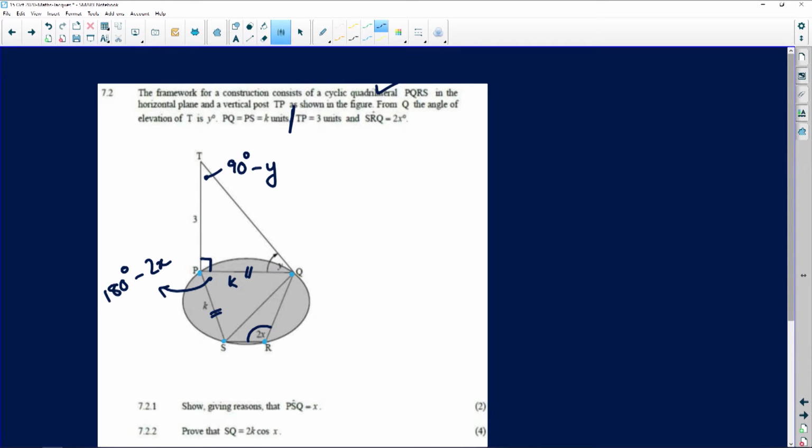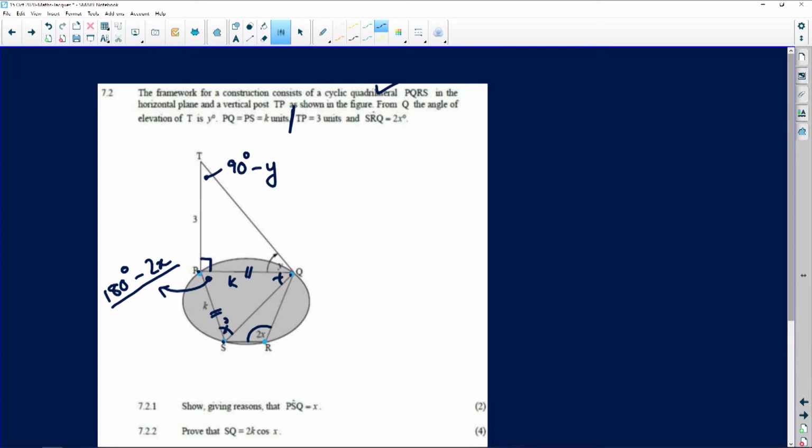We'll go for the rest just now. What can I say here? I have an isosceles triangle PQS. The sum of the angles in a triangle adds up to 180. And this angle here at P is 180 minus 2x. That means these two angles here will be equal to each other because they lie opposite equal sides.